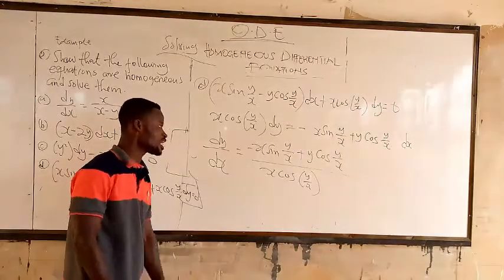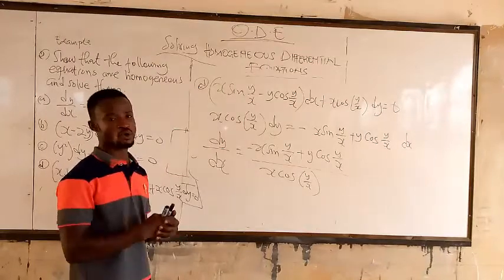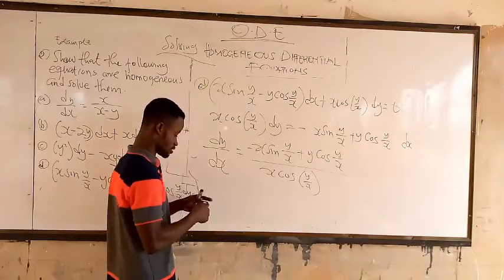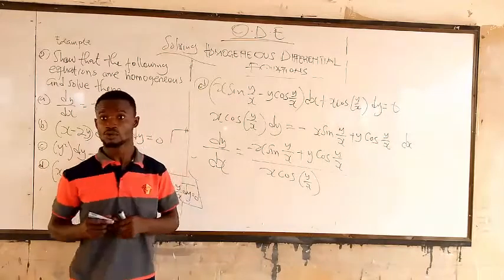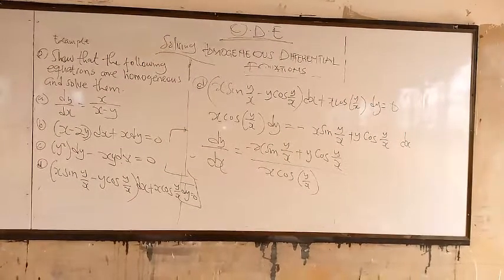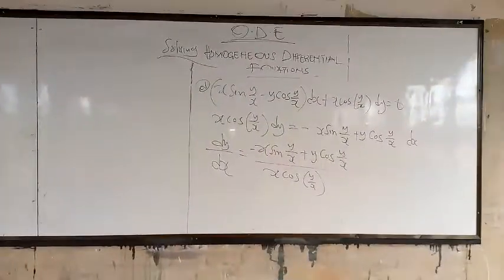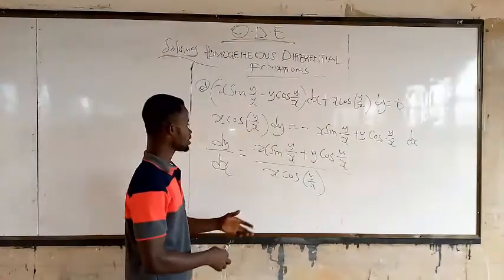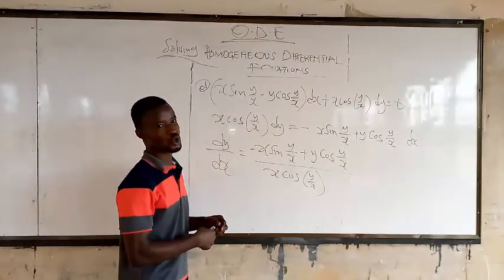So now, let's verify whether it is homogeneous or not. So you attach lambda to this. Alright, let's continue. So here, we want to verify whether it's homogeneous or not.